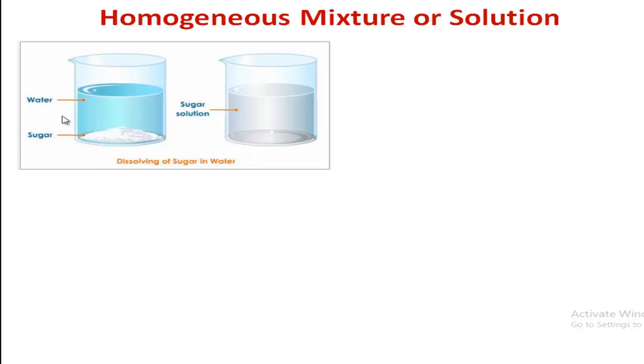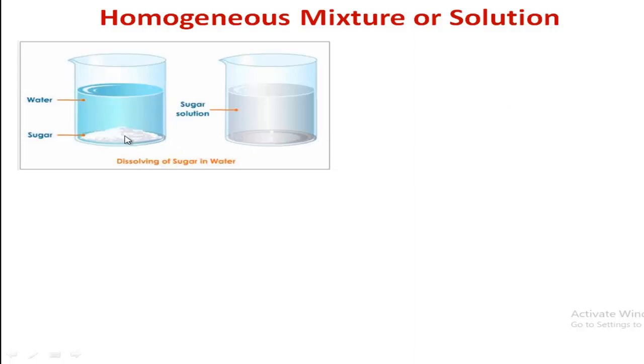Here sugar and water are used in preparing this solution. Sometimes more than two components can be used. For example, when you want to make sharbat of lemon juice, then you have to add lemon juice, salt or sugar in water. So in this way, more than two components may also be used here, but generally two components are used.